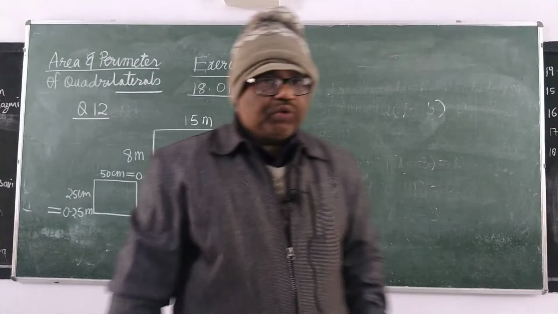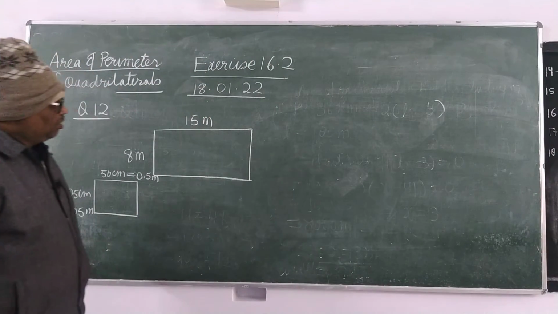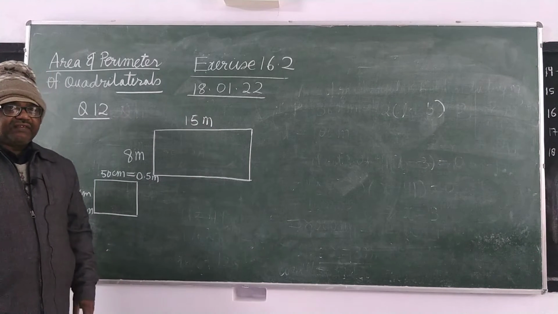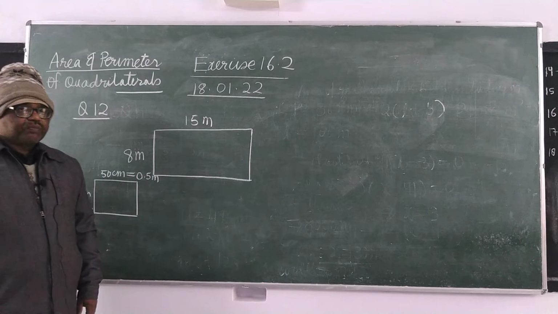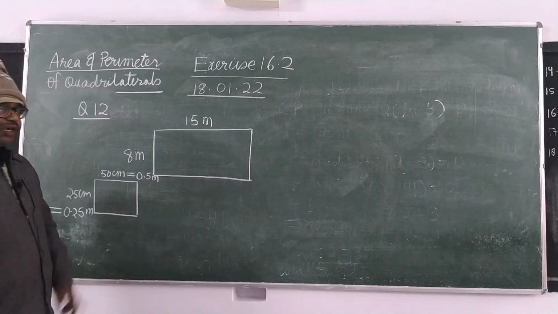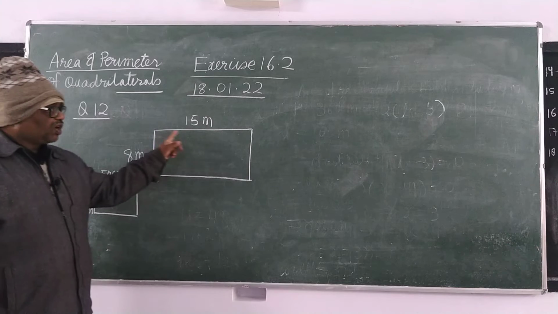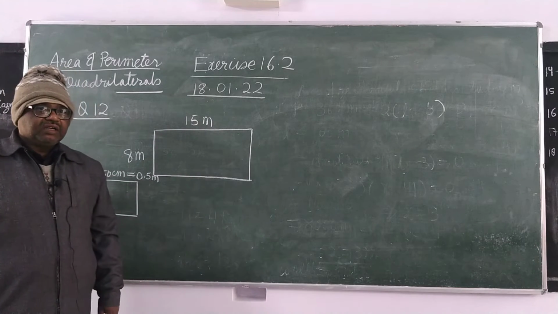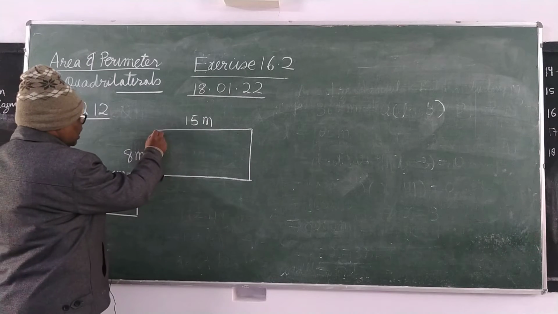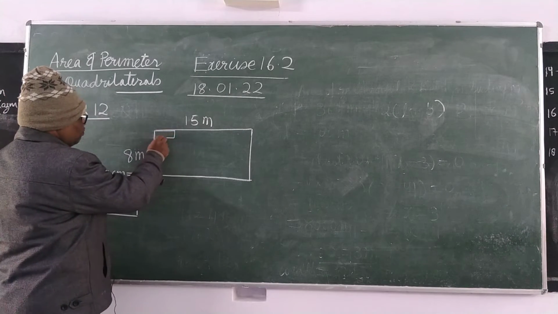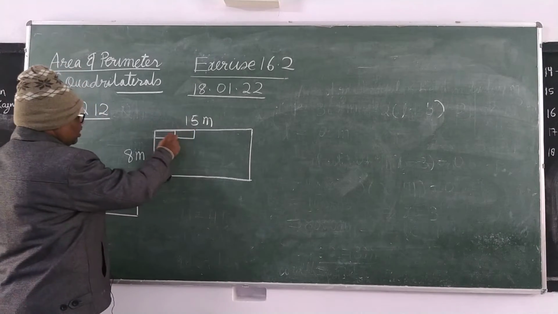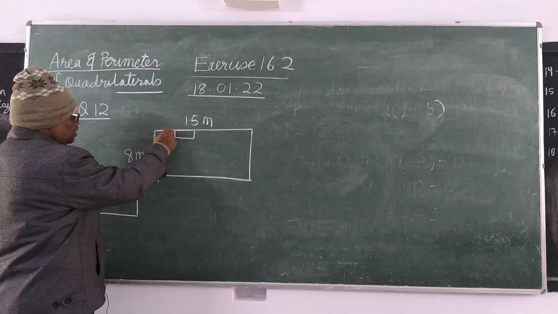So see here, how will you do this? We will find out how many tiles can be placed along the length. When you are placing a tile here, how much length will be covered? 0.5 meter. And you have to cover how much length? 15 meter. So along the length one tile is this, another tile is this, and each tile is covering 0.5 meter in this side.